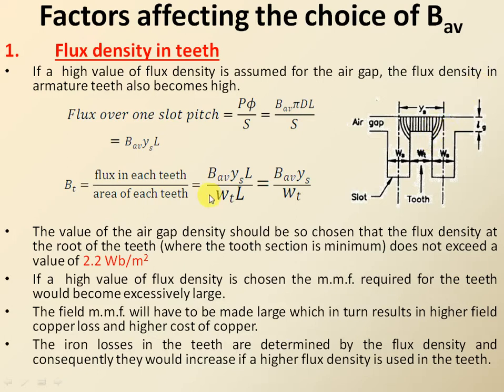We have already studied this relation in the topic tooth MMF, you can refer to that also. In this relation, these two terms get cancelled, and finally the relation becomes B average into Ys divided by Wt.